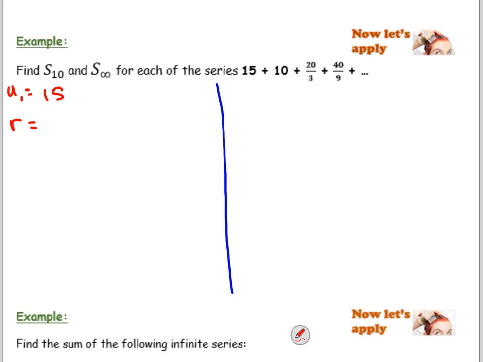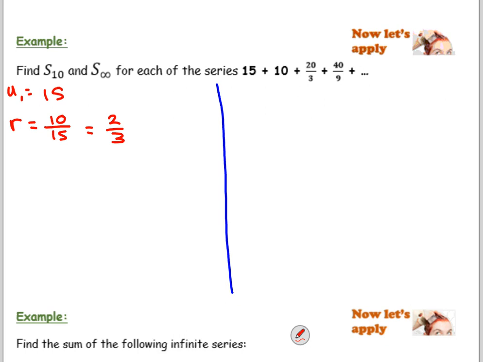And if ever you're not sure, take the second term and divide by the first term. So what does 10 over 15 simplify to? 2 over 3, yeah. It's an awkward one because we've got a fraction. Don't write 0.6, because it's not 0.6, it's 0.6 recurring. So 2/3.